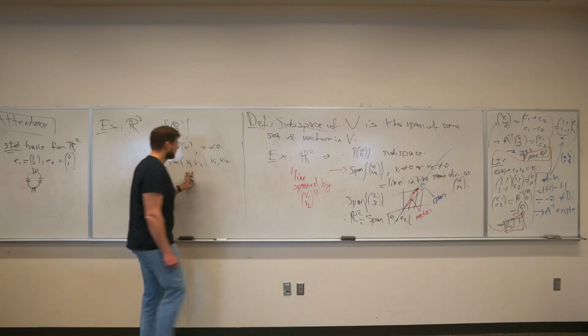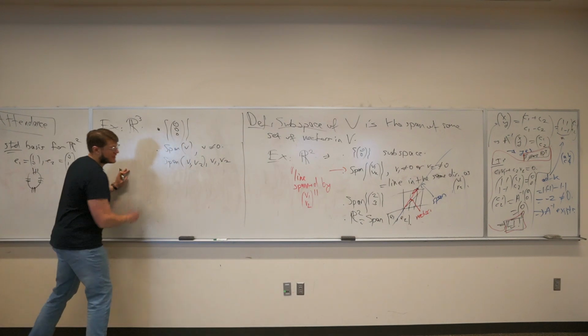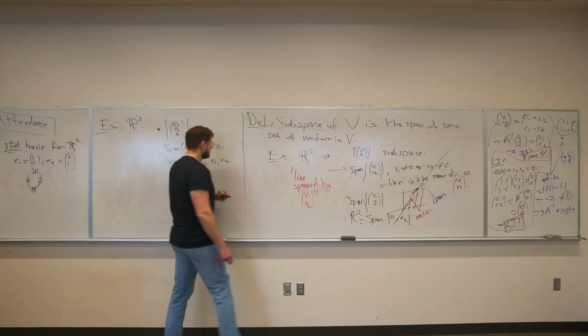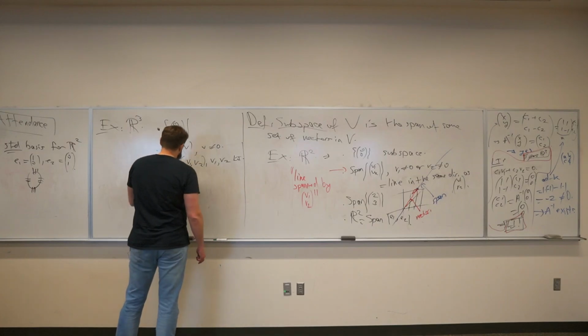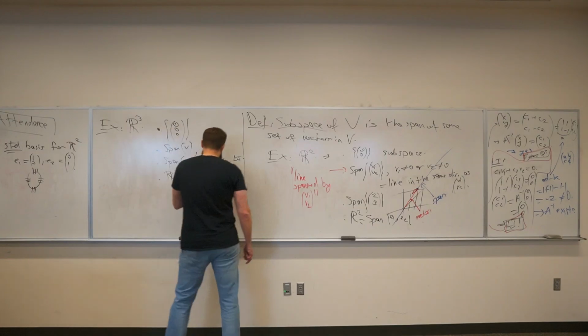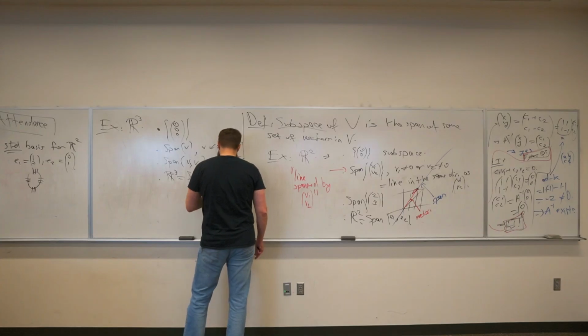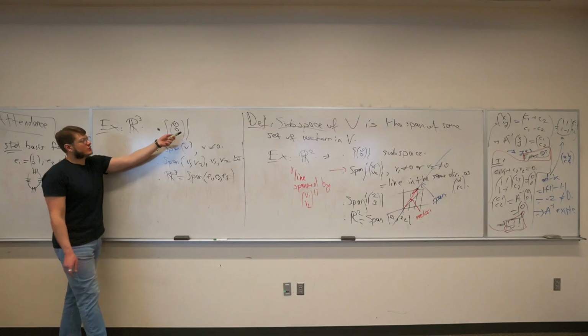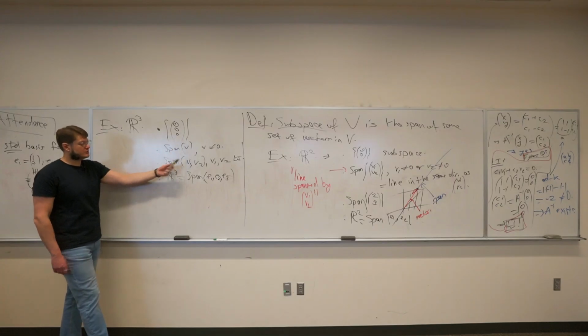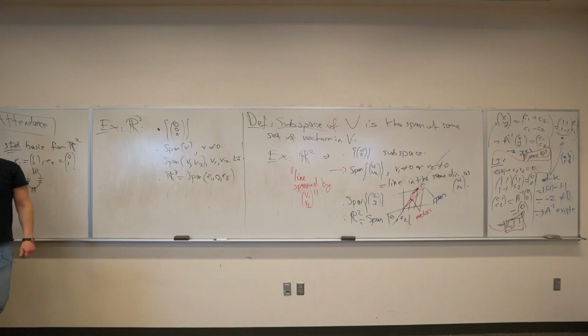But just so that I guarantee that this is a plane, it's 2-dimensional, I need to have that these are linearly independent. Or it could be everything. These are all possible kinds of subspaces in 3 dimensions. If your ambient space is 3-dimensional, either your subspace is going to be 0-dimensional, 1-dimensional, 2-dimensional, or it's going to be everything.